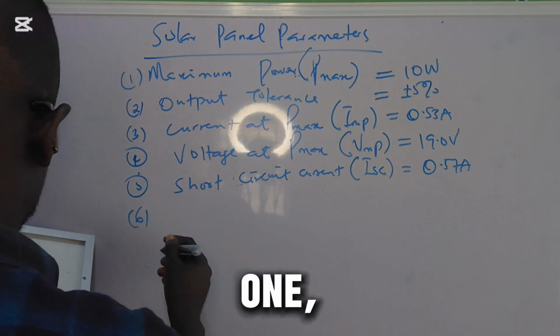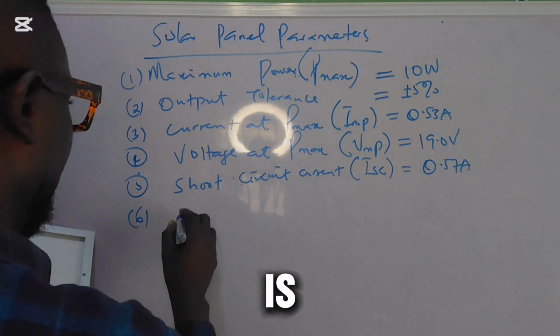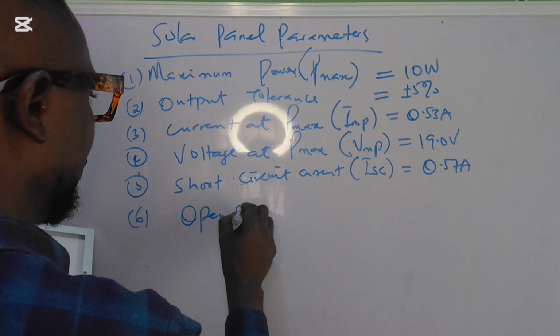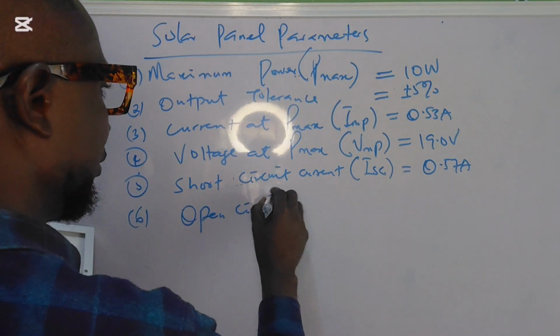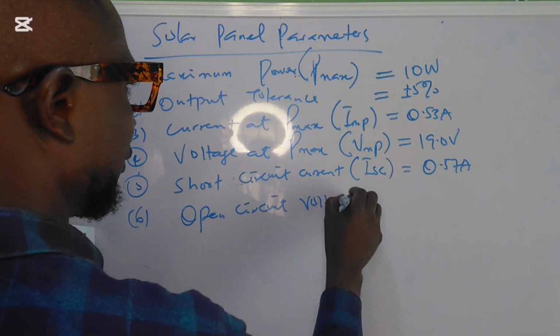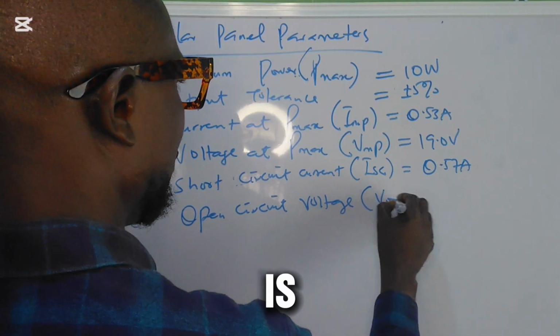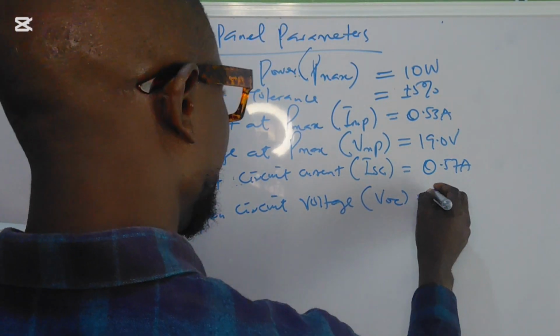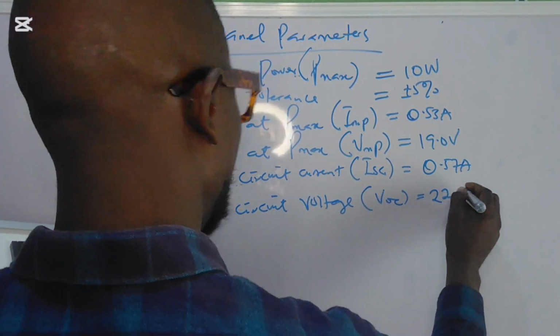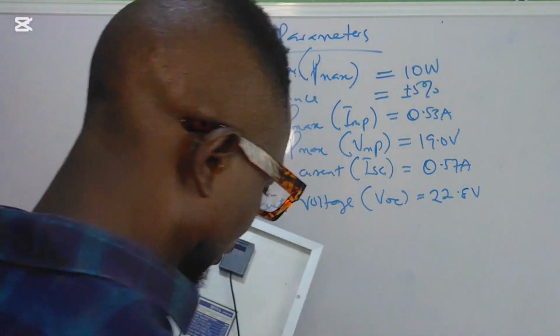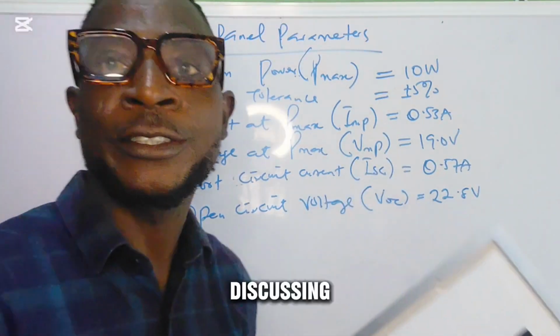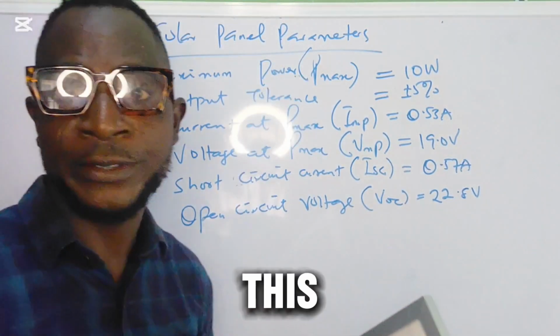The 6th one is the open circuit voltage, which is VOC, and is 22.8 volts. We have others we'll be discussing later. So let's finish with this first.